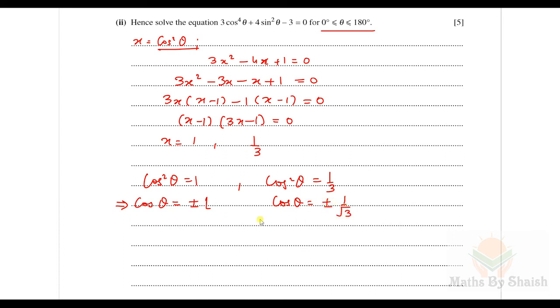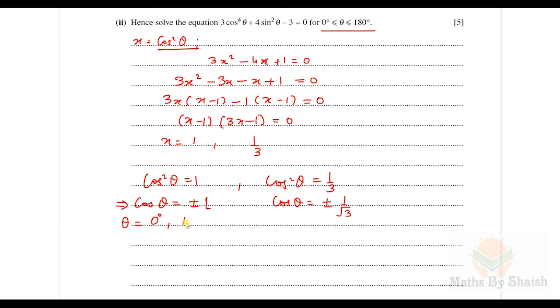So from here we get theta is equal to cos inverse of plus 1. Cos inverse of plus 1 is 0 degree, and cos inverse of minus 1 is 180 degree.